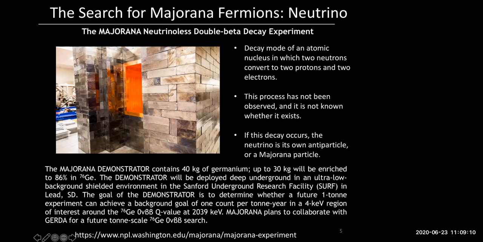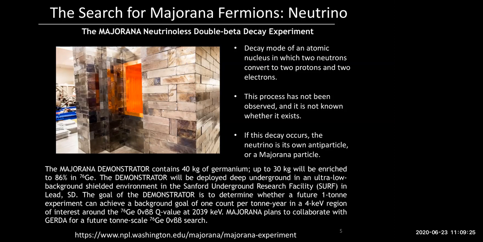I don't really want you to read this, but you can see that this is a very big experiment. You need 40 kilograms of germanium. You have to be underground. And this is called the Majorana demonstrator.